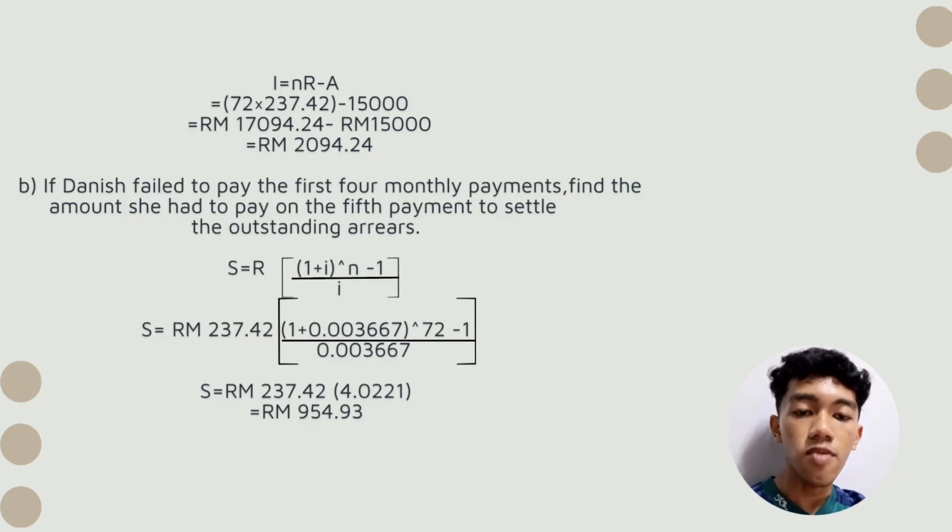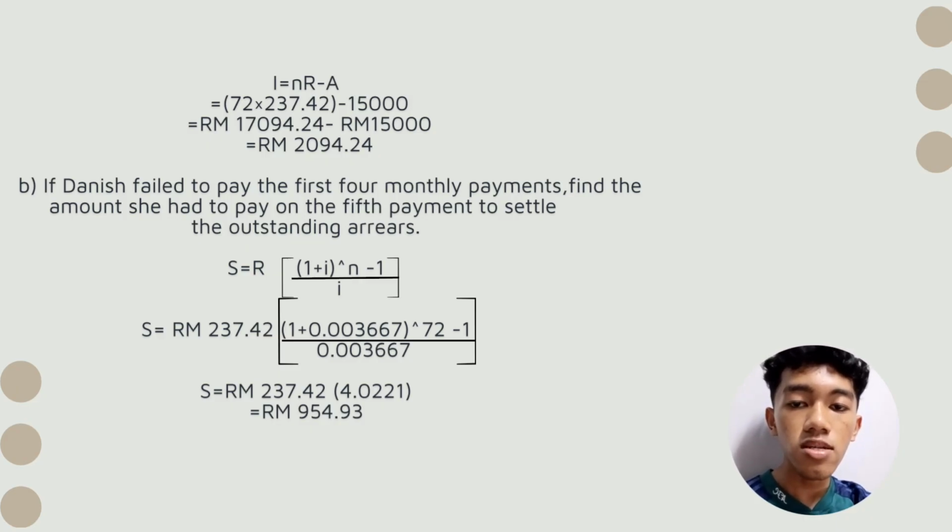Next, for question B, the question is if Danish failed to pay the first four monthly payments, find the amount she had to pay on the fifth payment to settle the outstanding arrears. For this question, we must find S, the future value of annuity after interest periods. We use the formula S = R[((1 + i)^n - 1) / i].